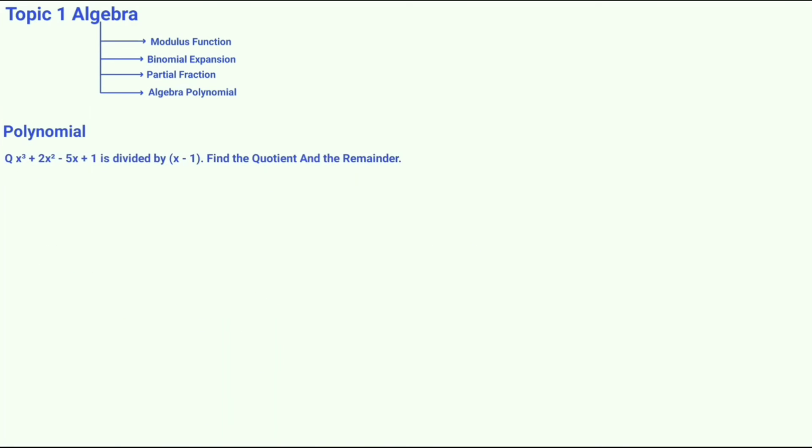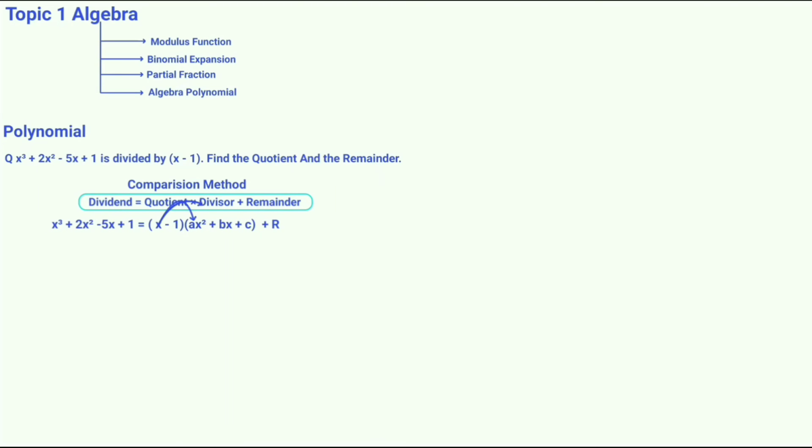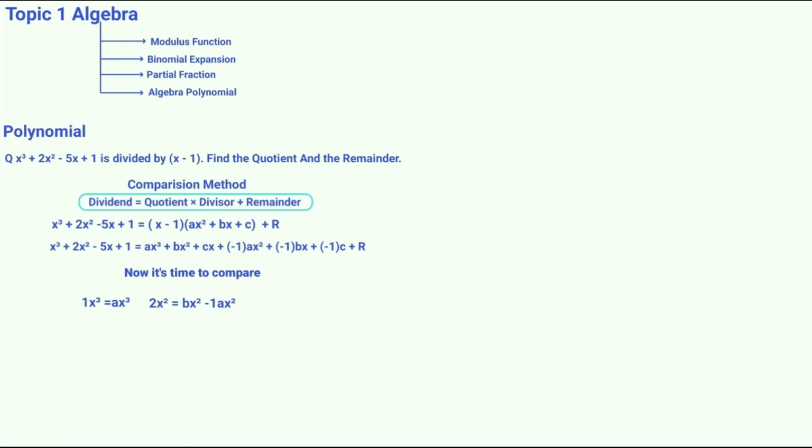Now we're going to do the questions. We can use comparison method, or we can use the division. I'm going to use comparison method because I think it's simpler or easier for me. Try comparing it. We need to find the quotient and the remainder as well, since we know that this is not a factor. Try comparing it. We got the values.